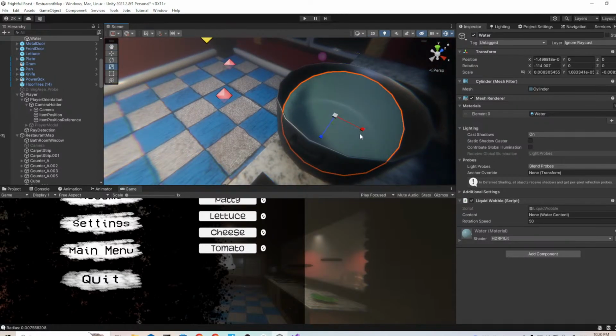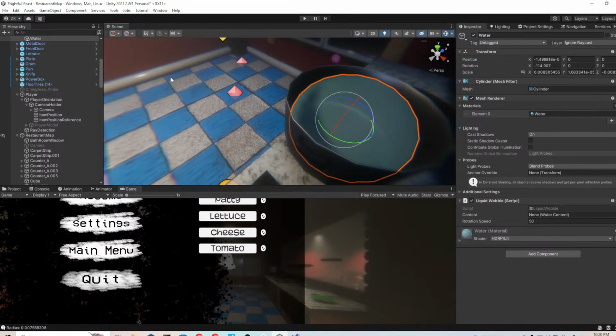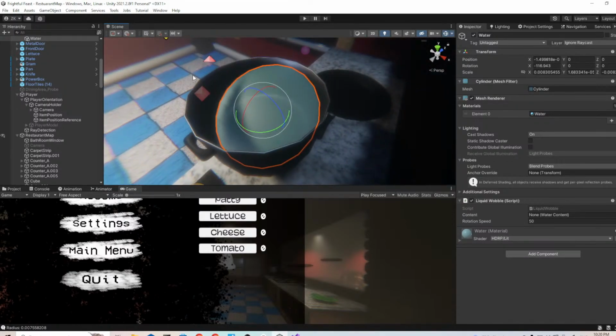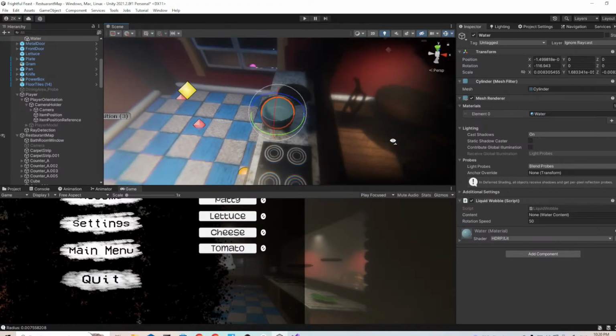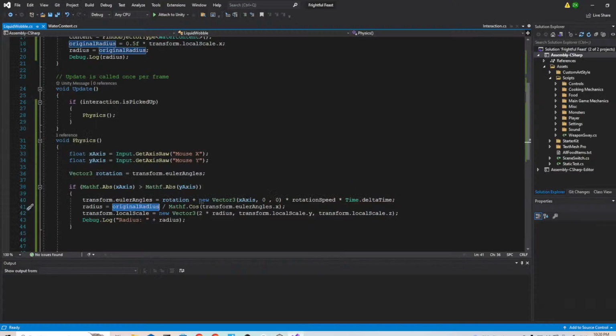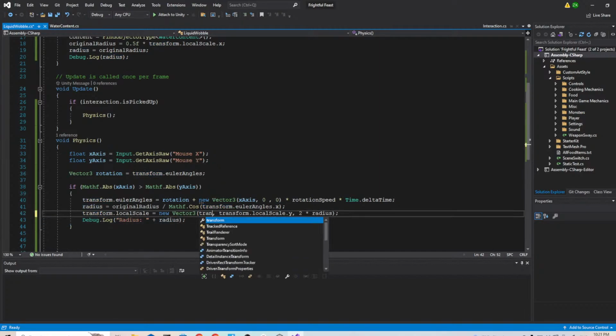So it's scaling it that way, and X is that way. Oh my god. Alright. So it's supposed to be on the Z then? Is that what's supposed to be happening?